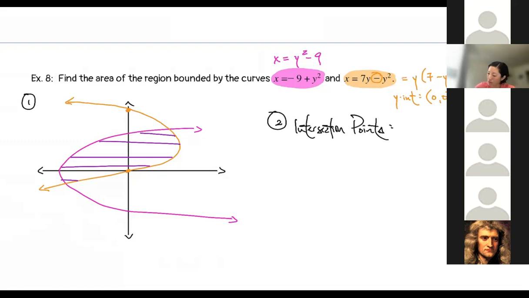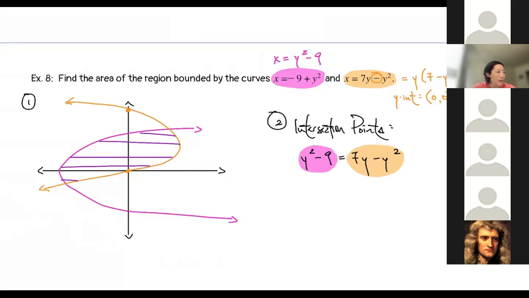Set them equal to one another, perfect. So I get y squared minus 9 equals 7y minus y squared. This is my orange one. This is my pink one. And we will use that same idea. Let's move everything to one side, set it equal to 0 and solve.